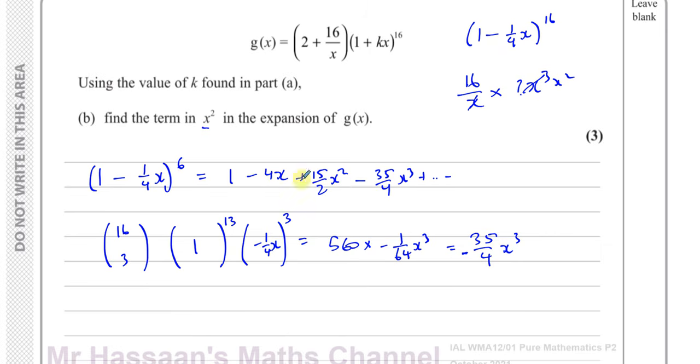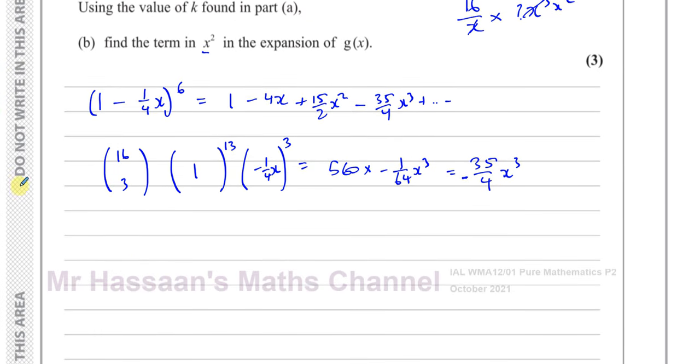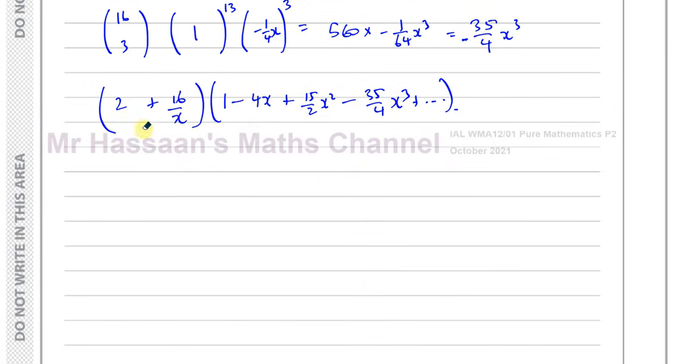So now I'm going to put 2 plus 16 over x multiplied by my expansion, which is 1 minus 4x plus 15 over 2x squared minus 35 over 4x cubed. We don't need to expand the whole thing.